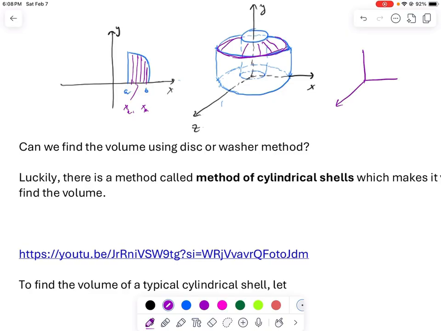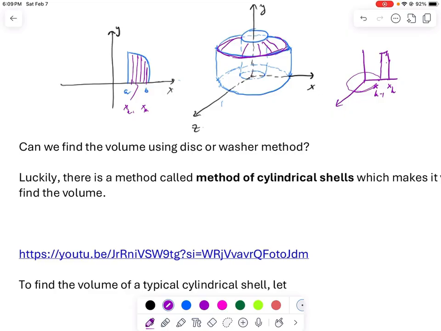So think about this kth strip. I'm going to make it a little open so that we can see clearly what is happening. This is x sub k minus 1 and this is x sub k. So this is our strip. Now if we revolve this strip around the axis, make it go the whole circle, then we get a cylindrical shell.